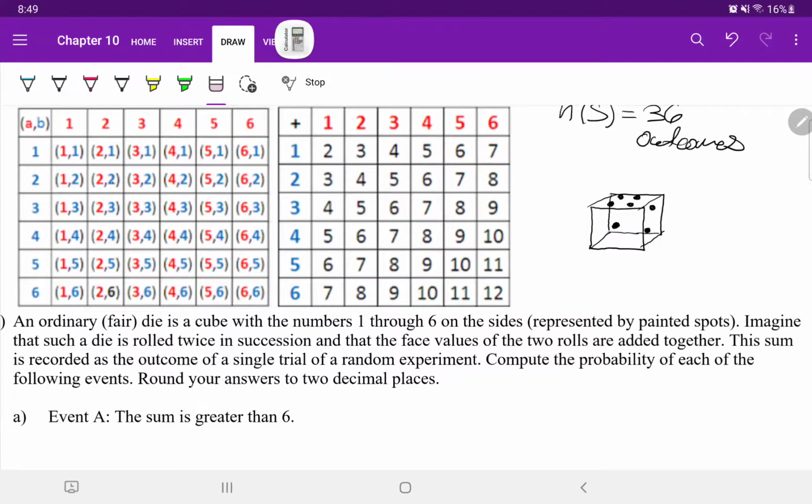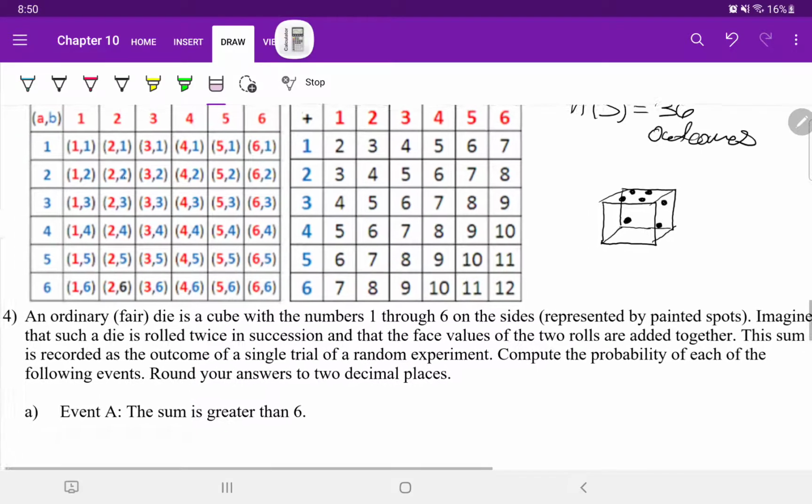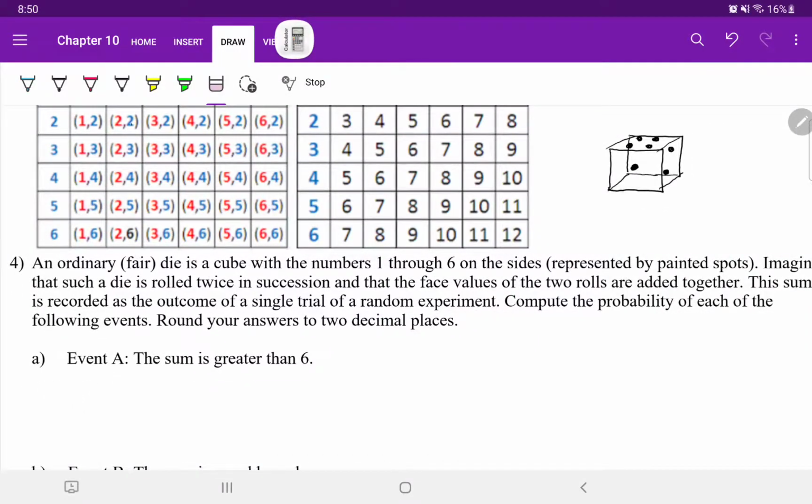Compute the probability of each of the following events. Round your answer to 2 decimal places. If the fraction needs to be reduced, I'm going to reduce the fraction first before I divide. Event A: the sum is greater than 6. So the probability of A.